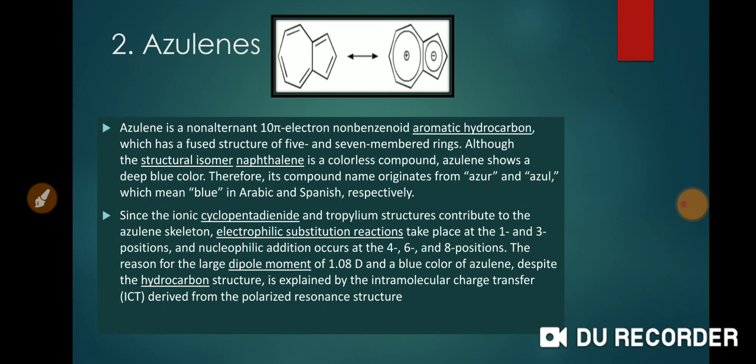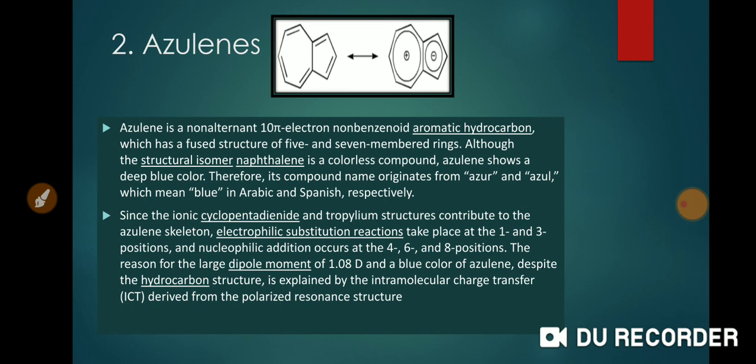However, naphthalene is a colorless compound. Azulene shows a deep blue color. Therefore, the compound's name originates from the term azure or azul, which means blue in Arabic and Spanish respectively.